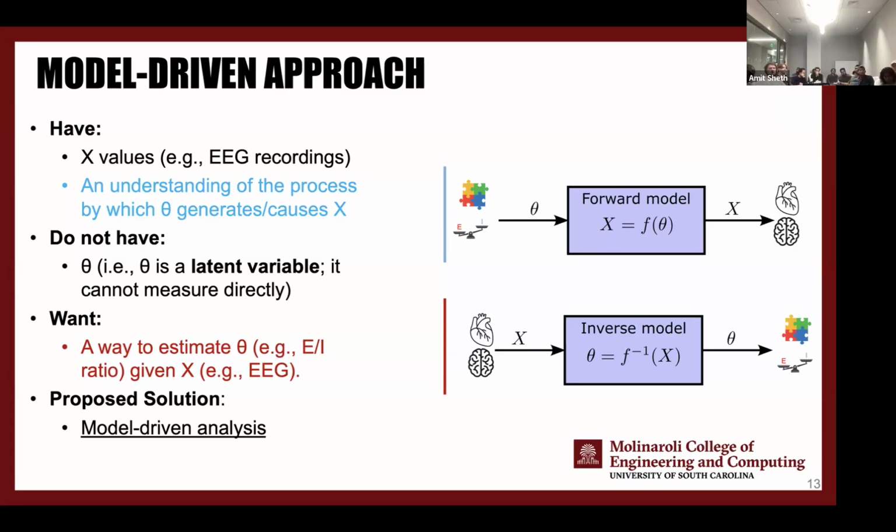Travel your theta space and find the combination of parameters where your X is most similar to your actual observation, and you'll have an estimate of your latent parameter, provided that your system is well behaved, not underdefined or overdefined.